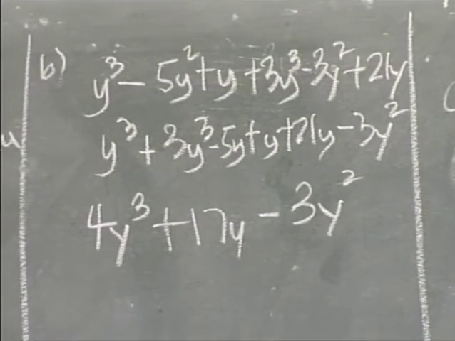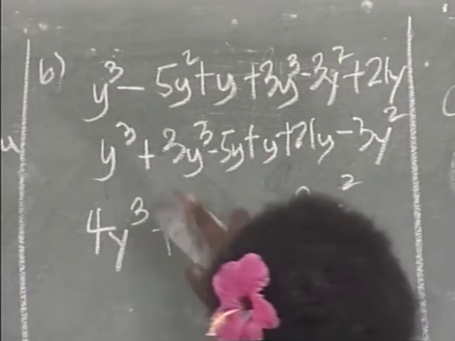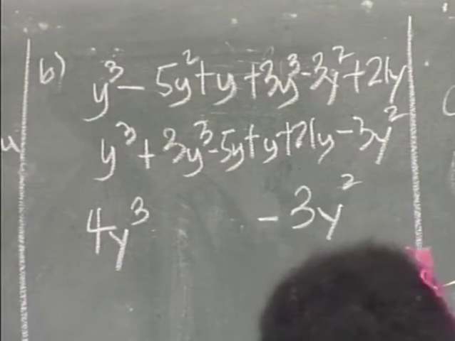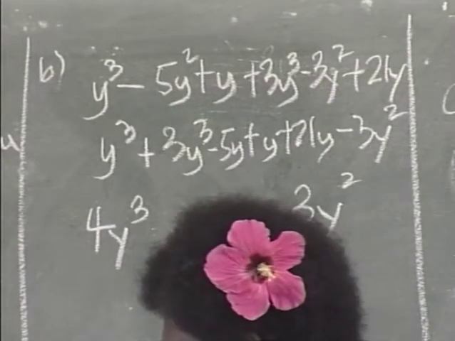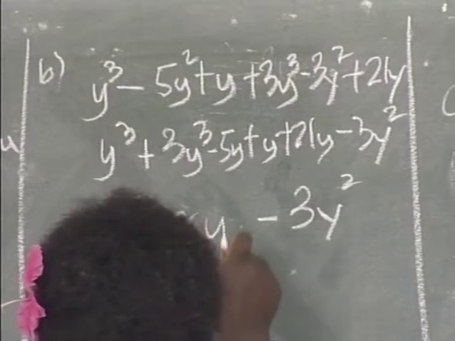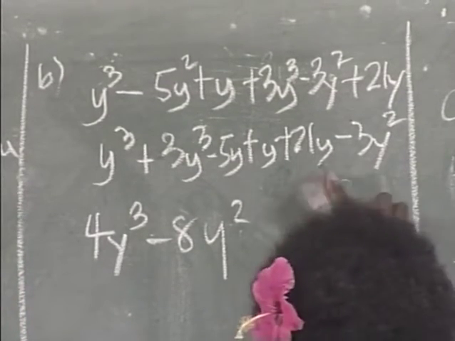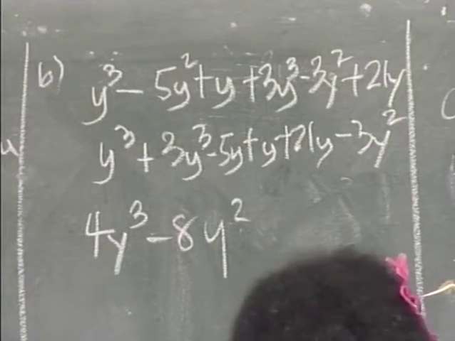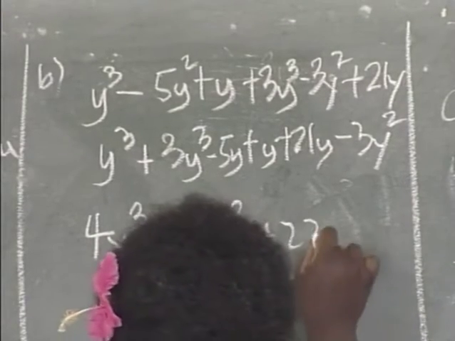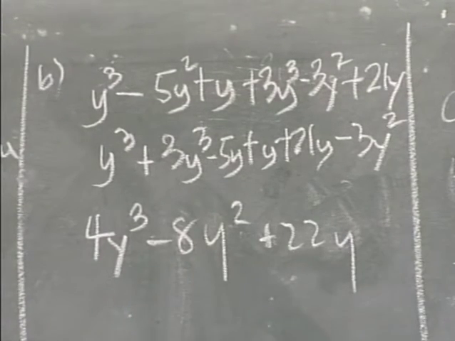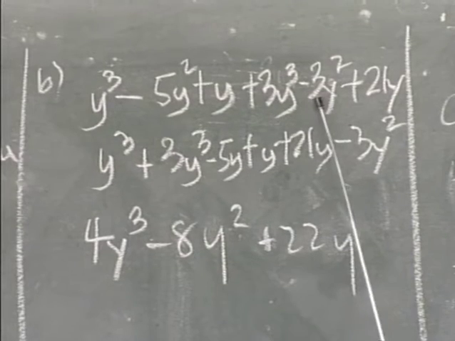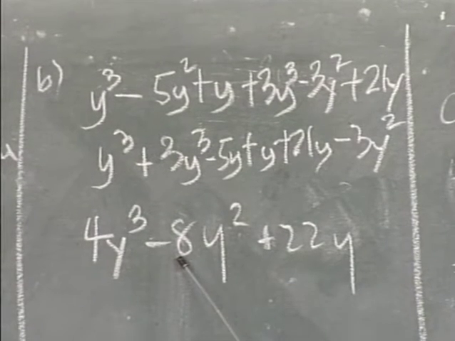Just assume that yours is correct. Okay. 4y cubed, then it should be minus 8y squared, according to this, and plus 22y. Minus 5y squared minus 3y squared is negative 8y squared.